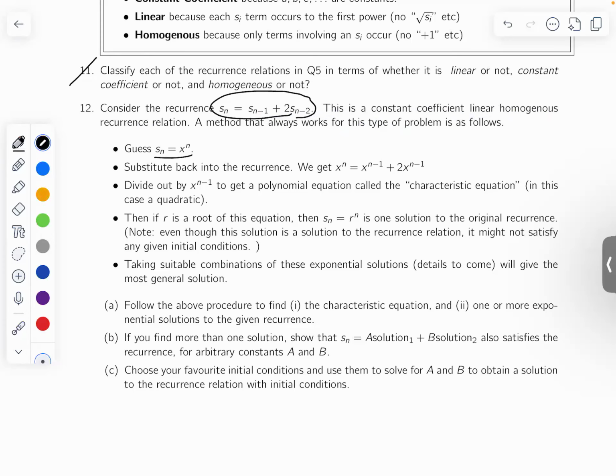We will guess Sn is x power n. This will be x power n minus 1. This will be 2 times x power n minus 2. So it's written like this. Divide both sides by x power n minus 2.